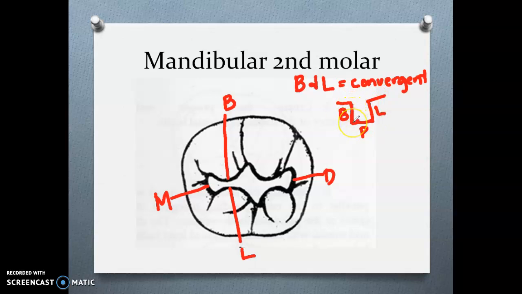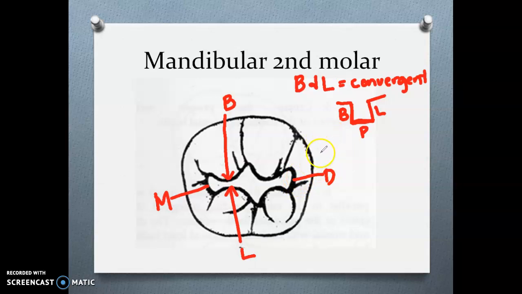It gets wider near the pulpal floor area, and it gets narrower near the occlusal area. So we describe this as converging towards the occlusal. Okay? So the buccal and lingual walls will be converging towards the occlusal.